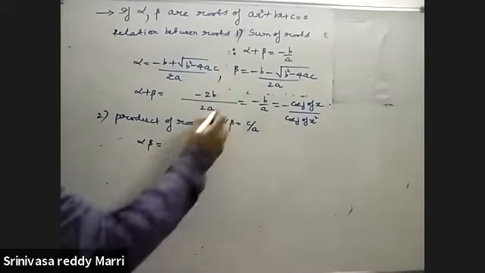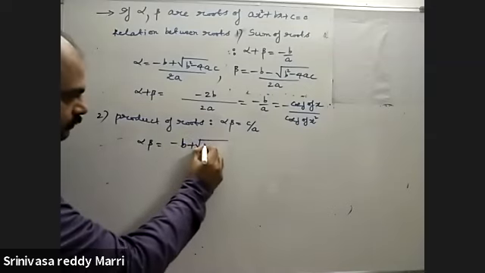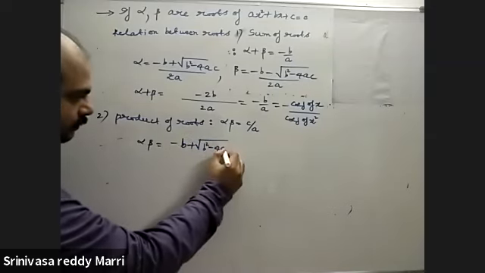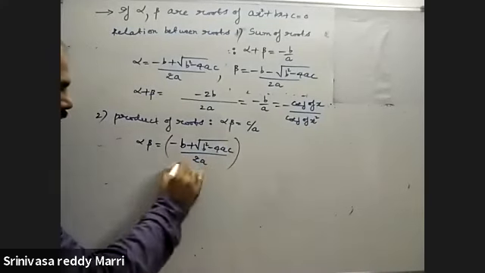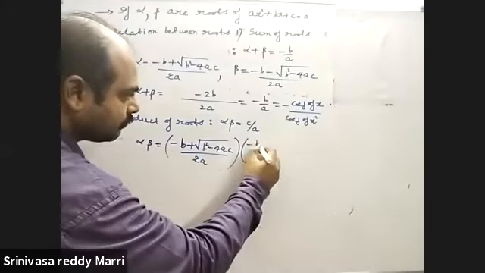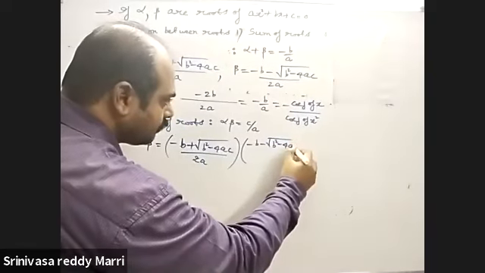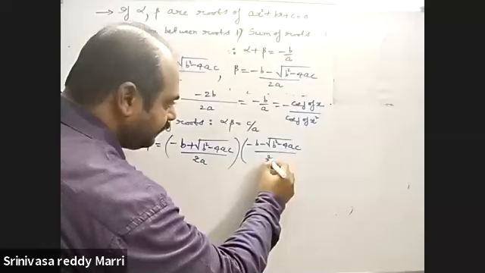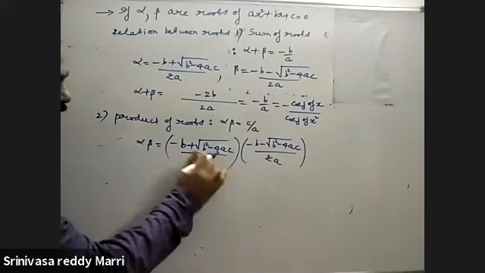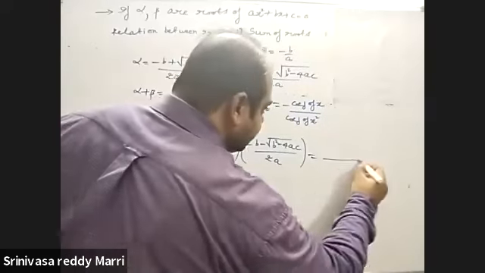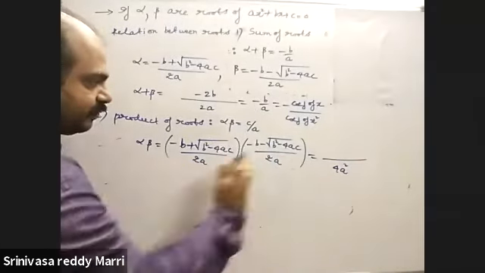That means the multiplication of these two, each divided by 2a. Now look, this is a, so the denominator is 2a into 2a, which is 4a square.